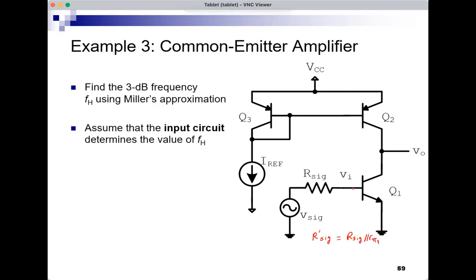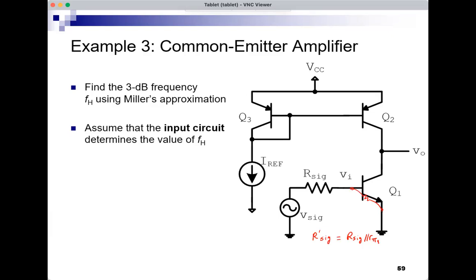In the BJT, there is this R pi between the base and the emitter. I don't have it in the case of the MOSFET, it's infinite. But if I have an R pi 1, then when I see R prime sig in the equation, it's not simply R sig, it's R sig parallel R pi 1.